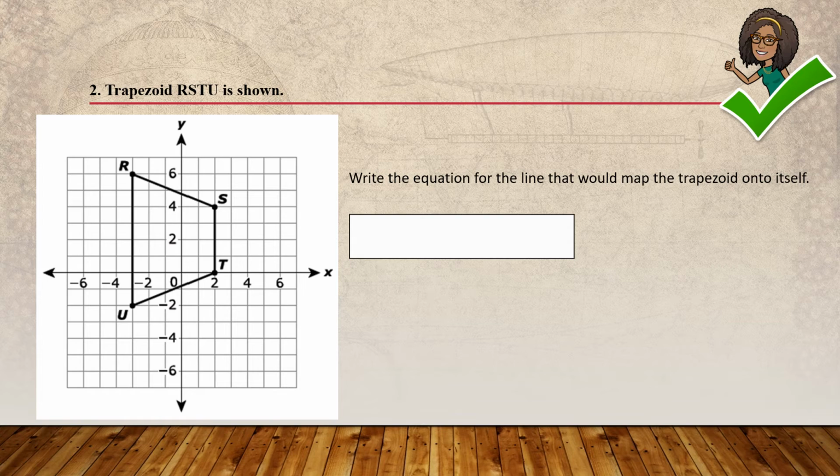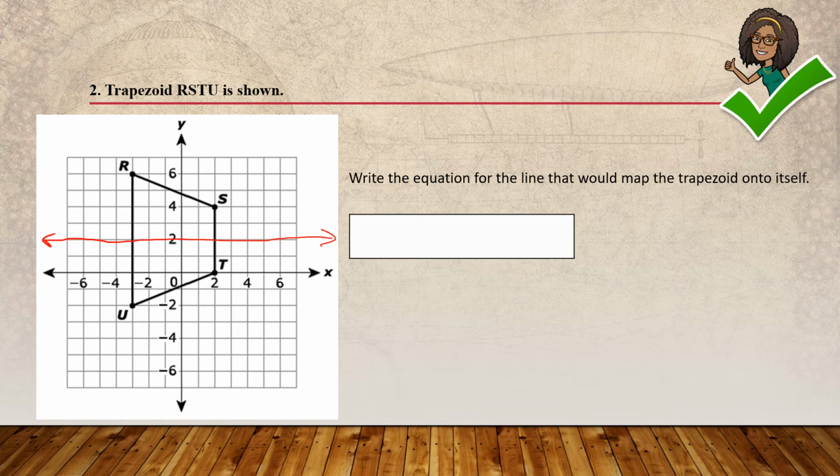So the only way I can see folding this trapezoid, easiest way I can describe it is hamburger, right? So we would fold it horizontally, so the line drawn that would map this trapezoid would be a horizontal line.